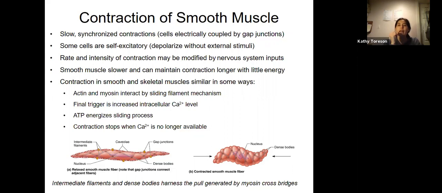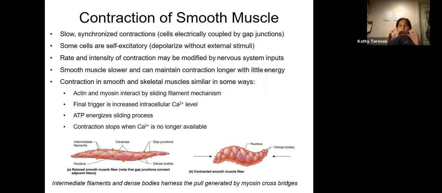So we looked at tight junctions, gap junctions, and anchoring junctions. Gap junctions are connections between two cells that actually physically connect the cytoplasm of one cell and the cytoplasm of the neighboring cell.